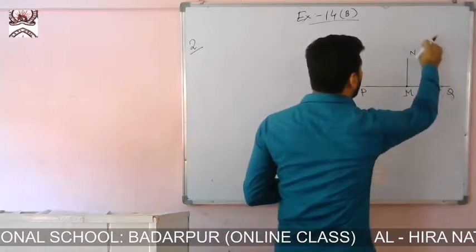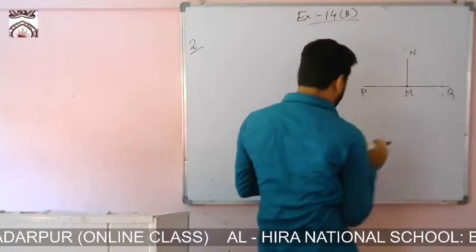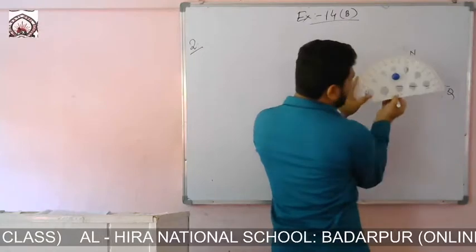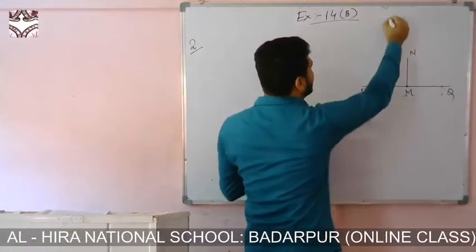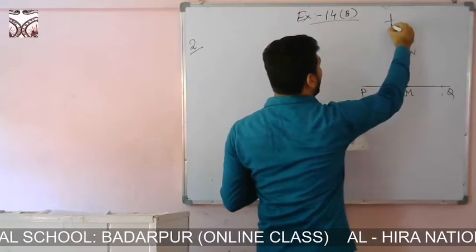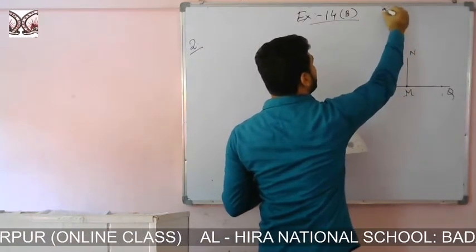Now we have constructed perpendicular MN on PQ. Now place your protractor. You will see a vertical line, and on the top position you will see 90 degree.